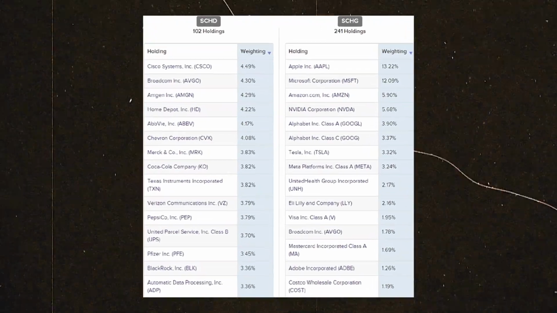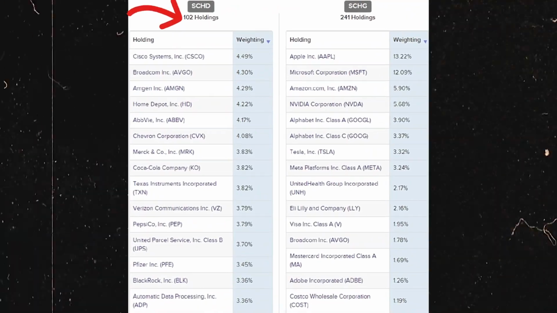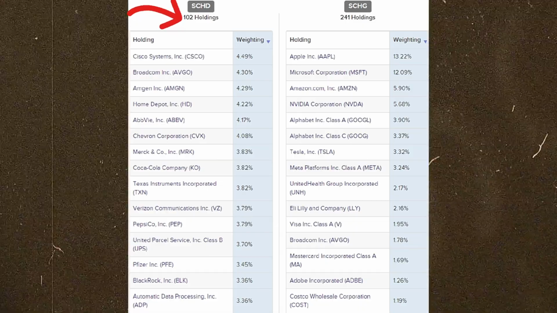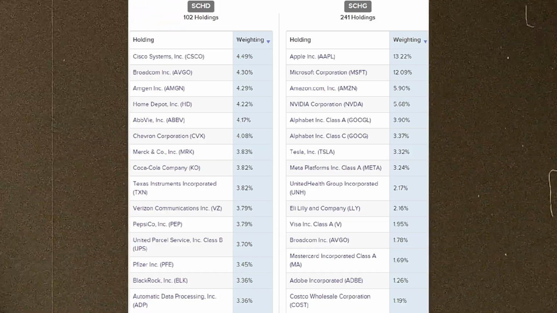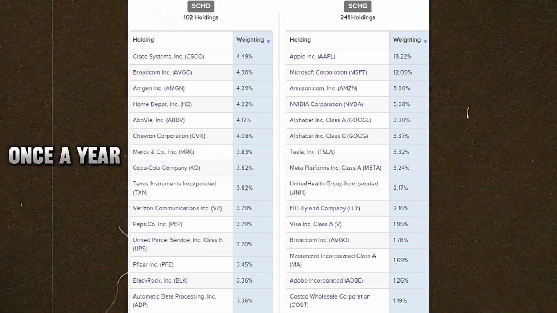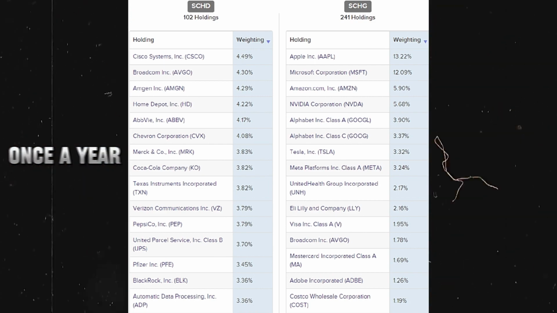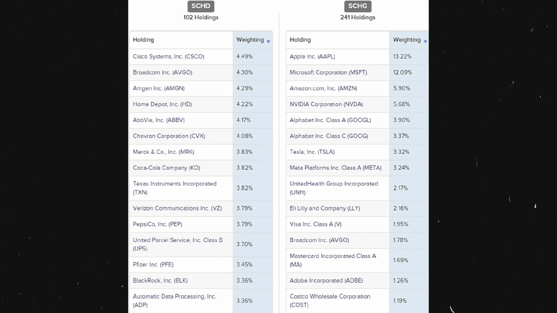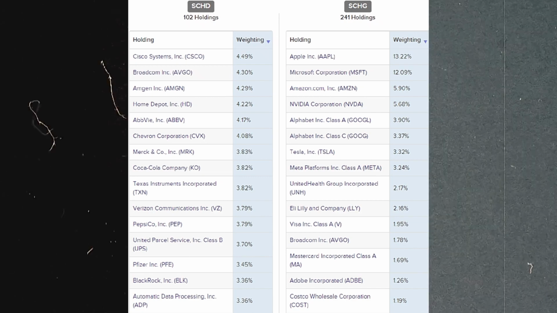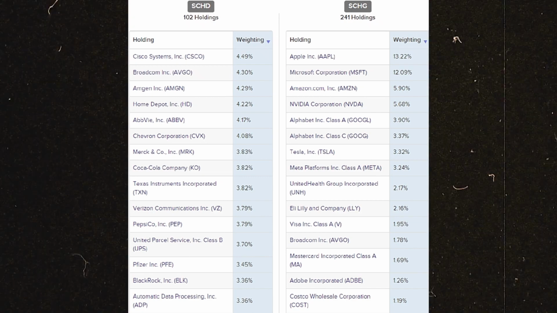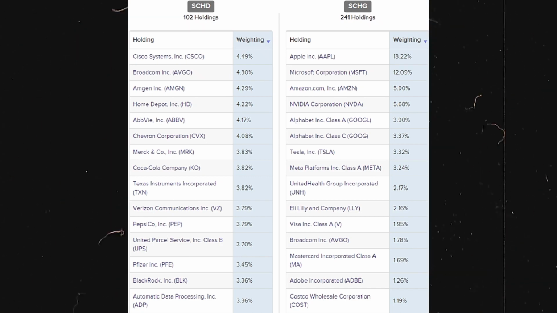SCHD typically holds approximately 100 different stocks, and these stocks are subject to regular changes, usually once a year. This strategy not only offers stability, but also brings potential tax benefits, thanks to its diversified mix of sectors and around 100 stocks in its portfolio.